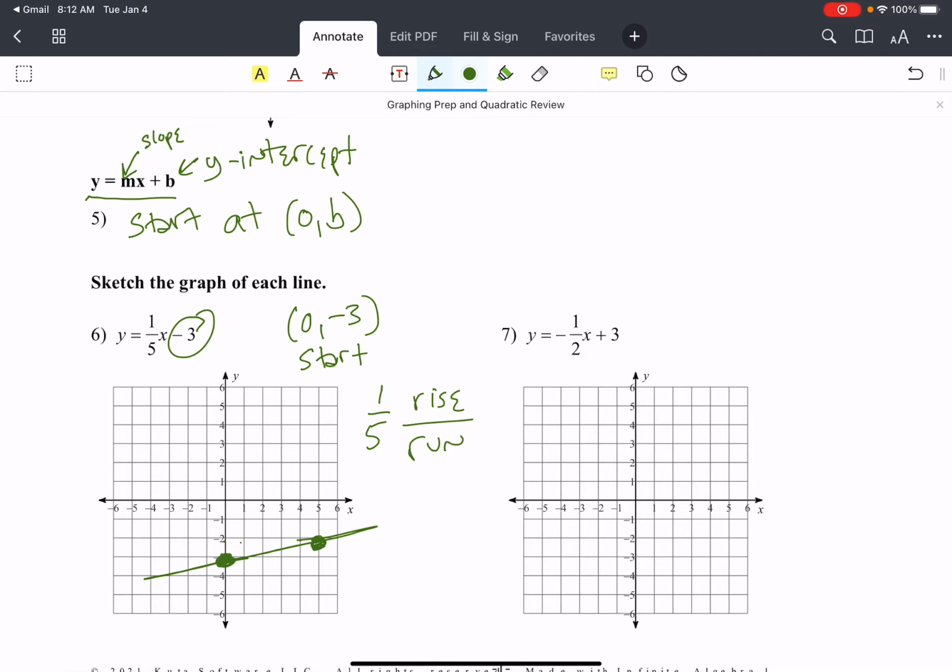Should we do one more together? Yeah, I'm going to do one more together. Okay, so let's start at my y-intercept. So that's 0, 3. That's my starting point. Is that starting point always going to be on the y-axis?